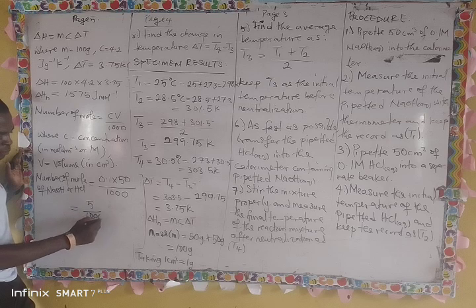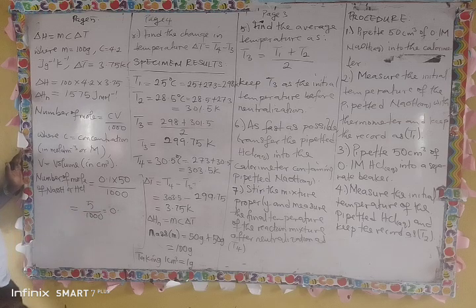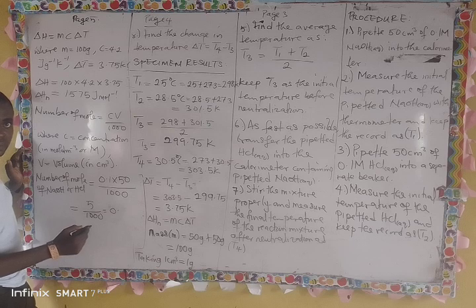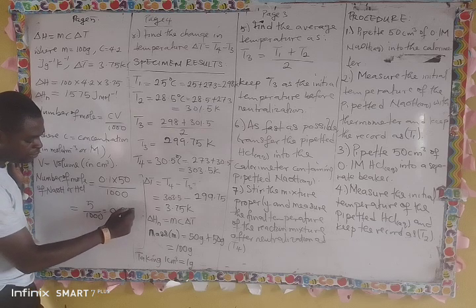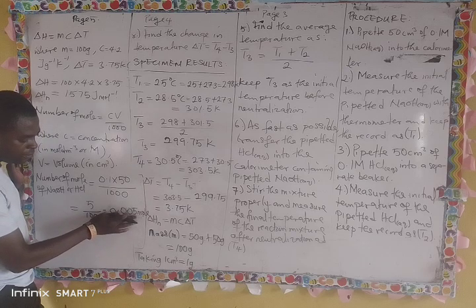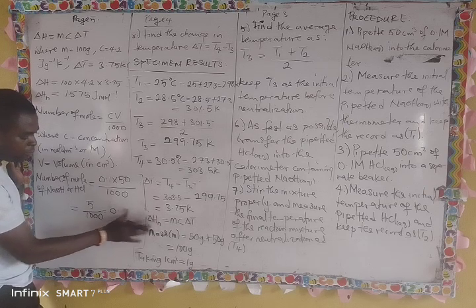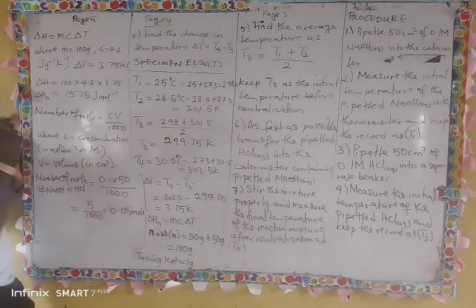Then 5 over 1000 is what? 0.005 mole. 0.005 mole.